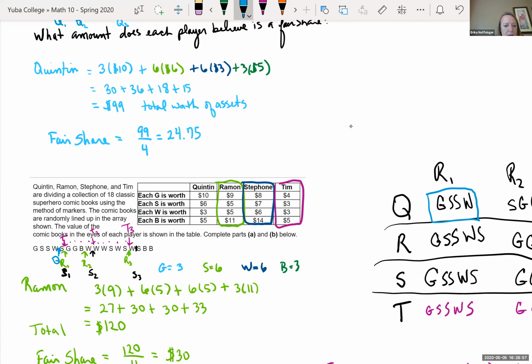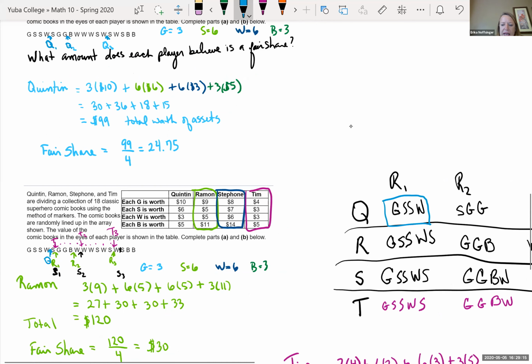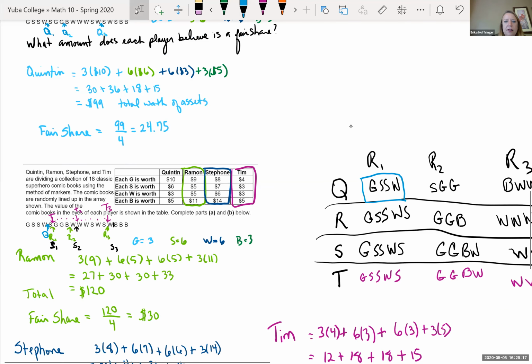That would just make it a little more confusing. Now we have to look at where's the first marker that comes up for round 2. To me, the first marker that comes up for round 2 is for Raymond. And so Raymond is going to get the GB.